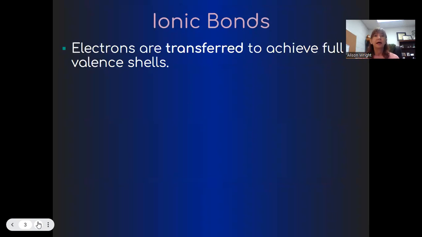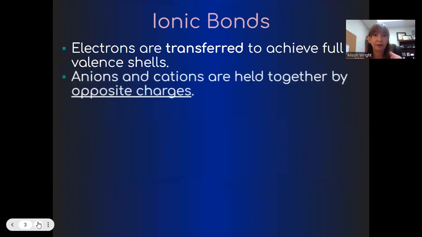In ionic bonds, electrons are transferred from one atom to another to allow the atoms to fulfill their life's mission of having a full valence shell. So what we have here, of course, are anions and cations.